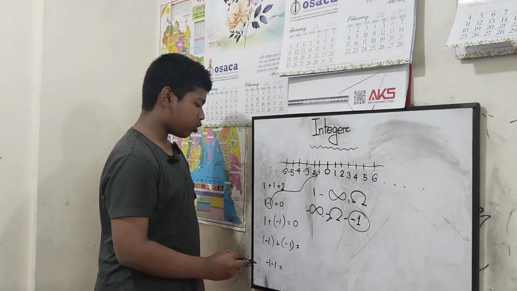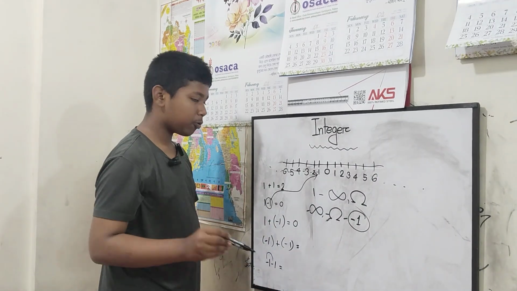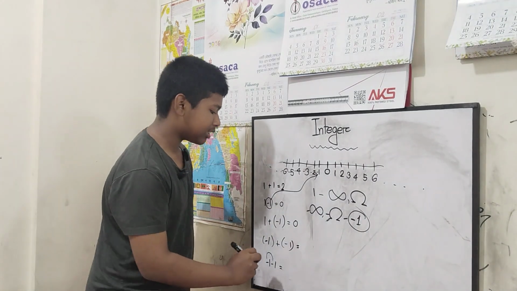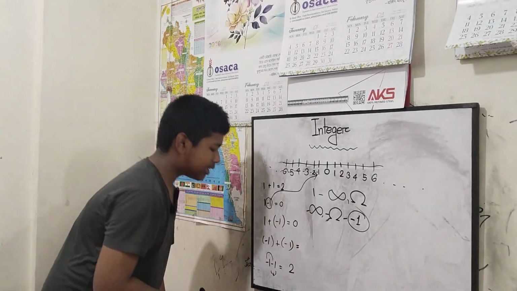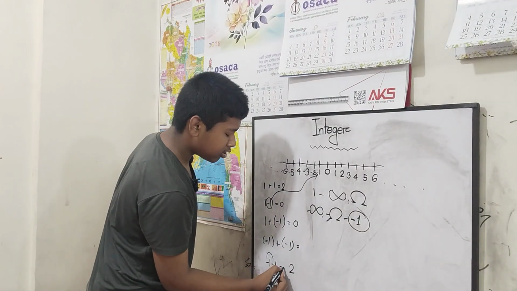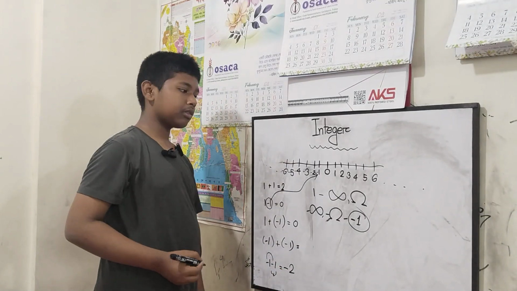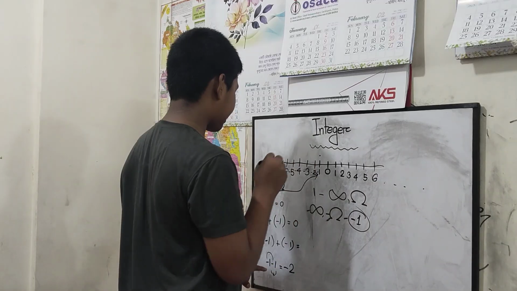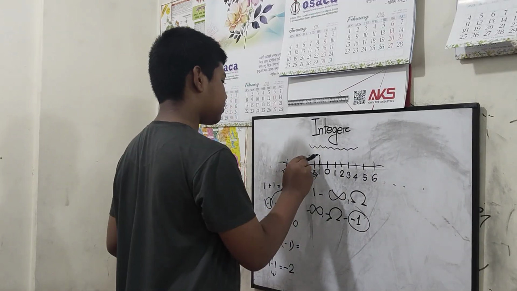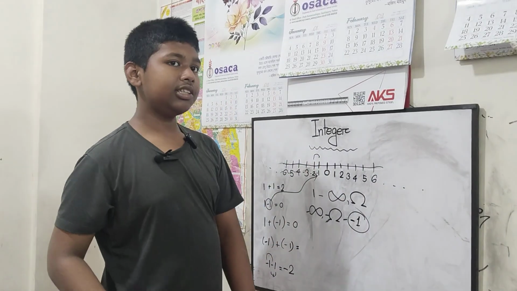Since both of these are minuses, it will be a minus. Let's use the number line. We have to go to -1 and then we have to move 1 to the left. That is -2, you see?